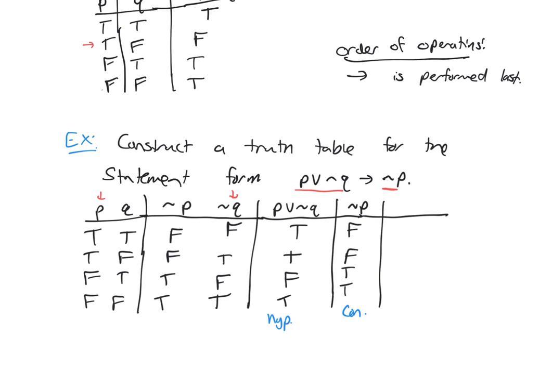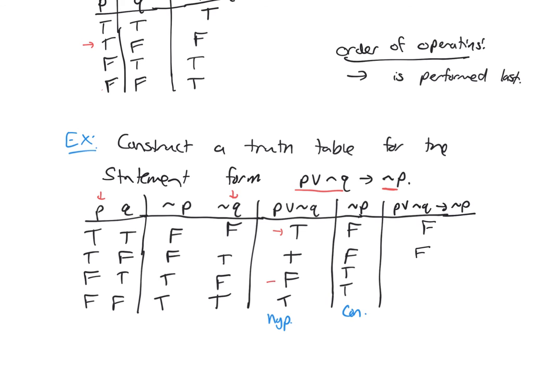So our conditional statement, P or not Q, then not P. So you're going to look at your hypothesis and then look at your conclusion. So looking in that first row, we have a true hypothesis and a false conclusion. So that's a false. Same thing for the next one. It's identical.